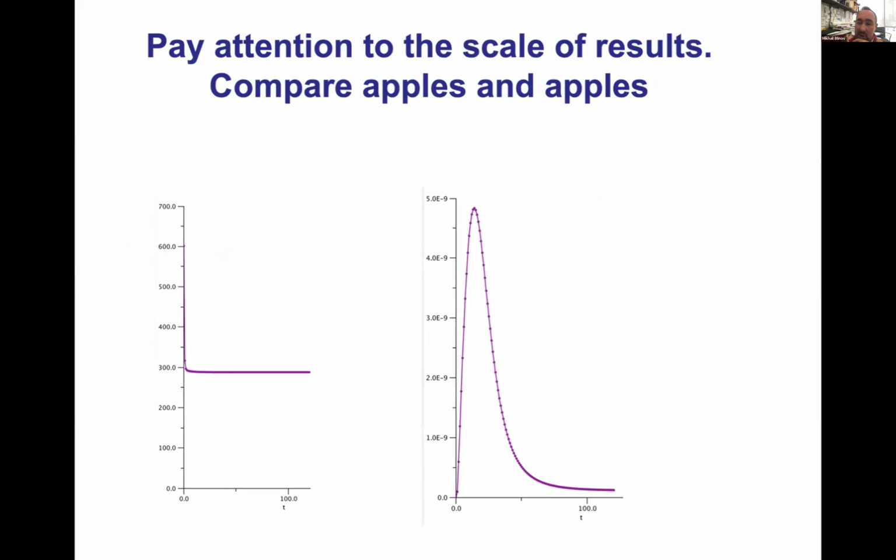Pay attention to numbers when you look at results. If you have something steady at 300 and something that looks transient at e to the minus 9, it may be that your model is not really very informative, because such different scales may not really be correct from a mechanistic point of view and from the simulation algorithms.